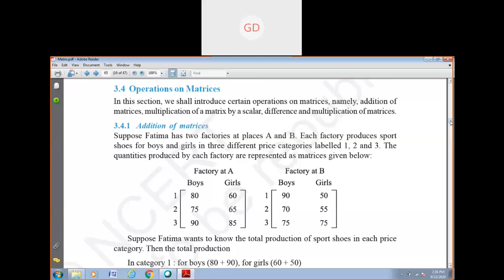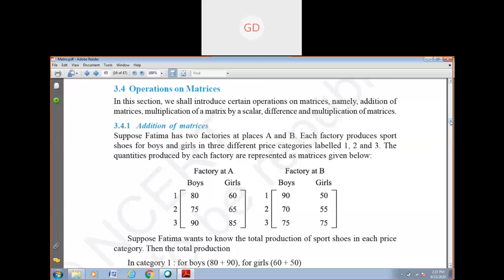Matrix multiplication: when two matrices are allowed to be multiplied, and whether a matrix can be multiplied with a scalar. Scalar means any number or any constant, not in matrix form. So whether a matrix can be multiplied by a scalar or not, which is called scalar multiplication.